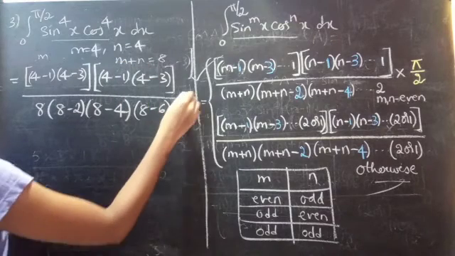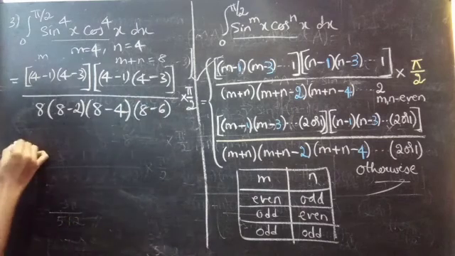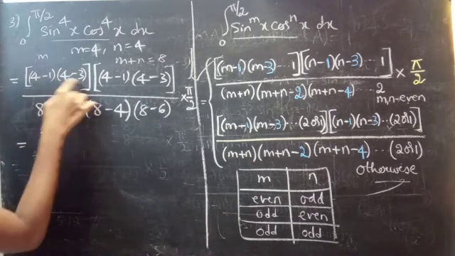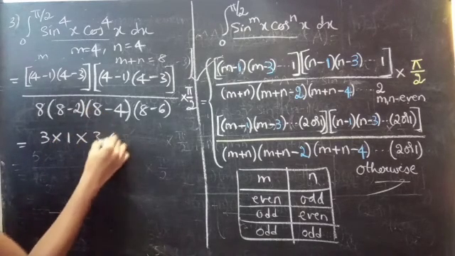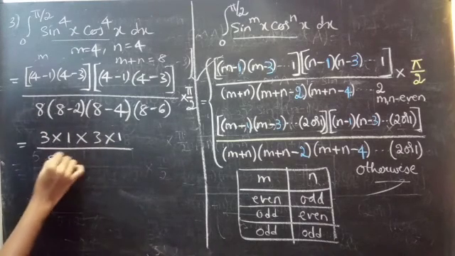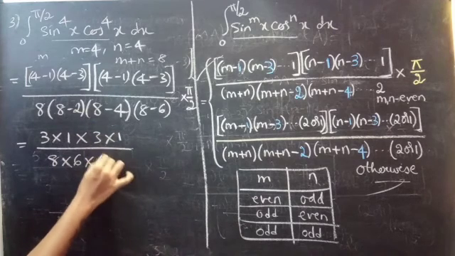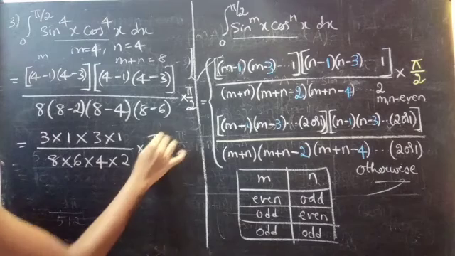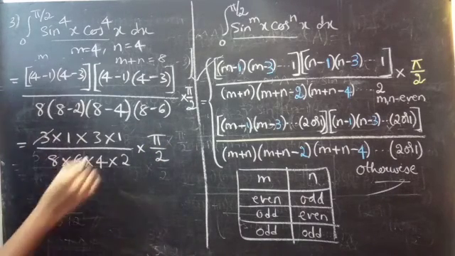Since m and n are even, you have to include pi by 2. So this is equal to 4 minus 1, 3 into 4 minus 3 is 1 into 4 minus 1 is 3 into 4 minus 3 is 1, divided by 8 into 8 minus 2 is 6 into 8 minus 4 is 4 into 8 minus 6 is 2 into pi by 2. Okay. 3 2s are 6.